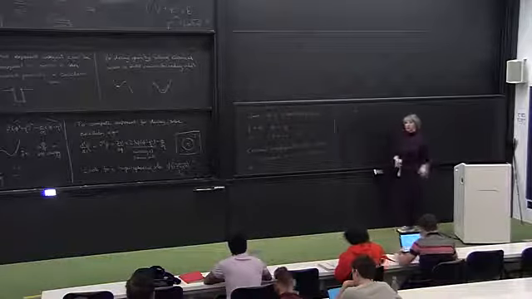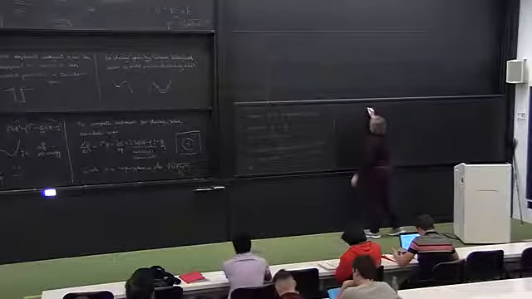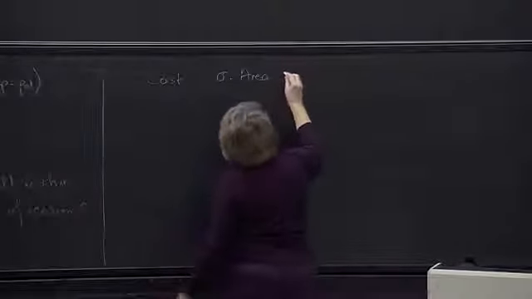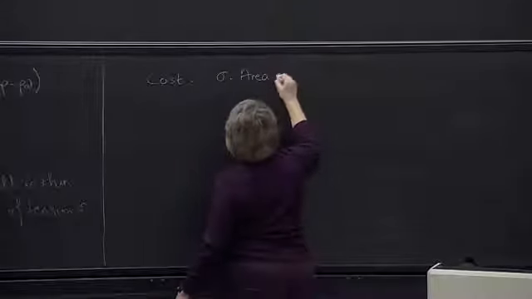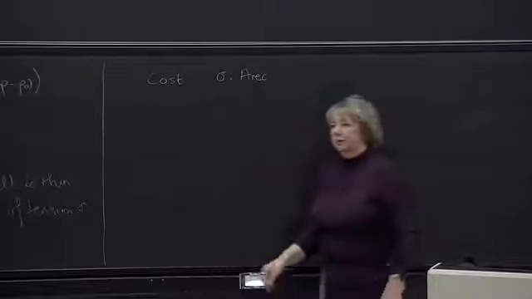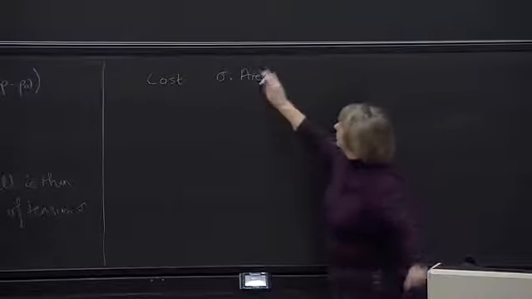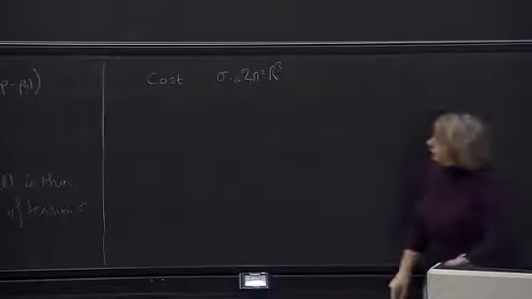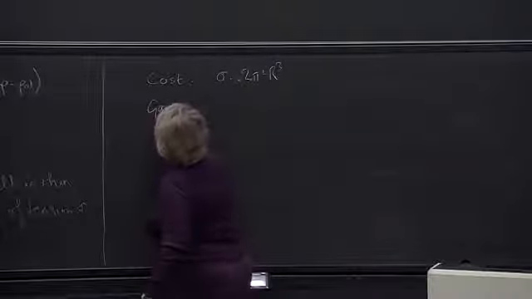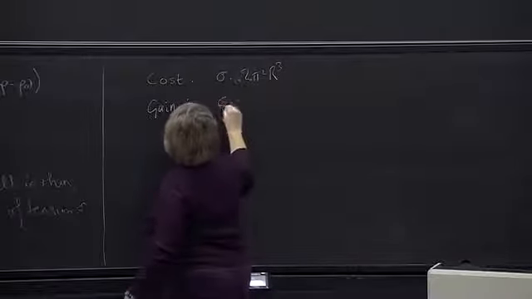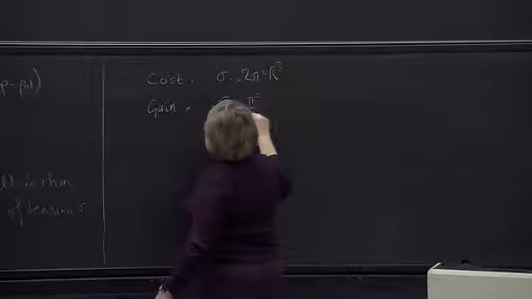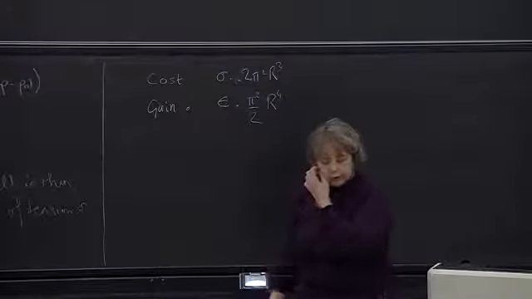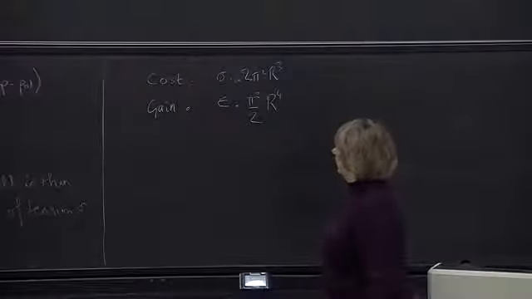So that means I have to take the area of the wall times sigma. Area of the 3-sphere is 2 pi squared R cubed, isn't it? And the gain in energy is going to be the vacuum energy difference times the volume, which is, I think, pi squared over 2, the volume of an S3, times R to the 4th.